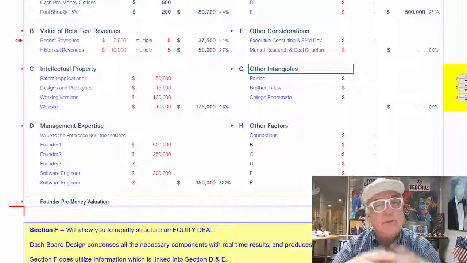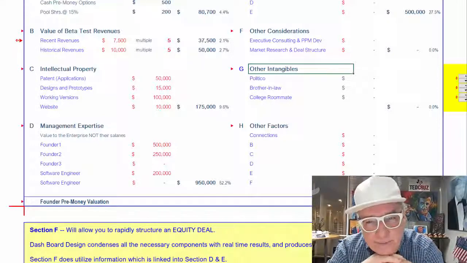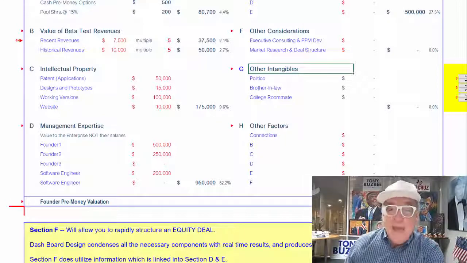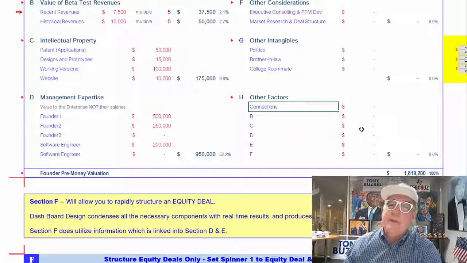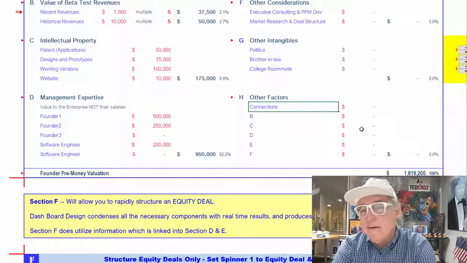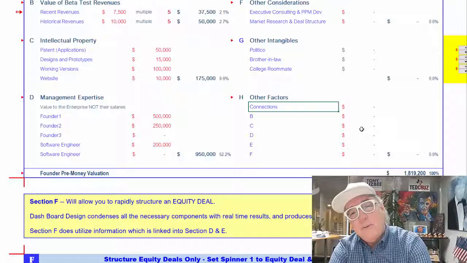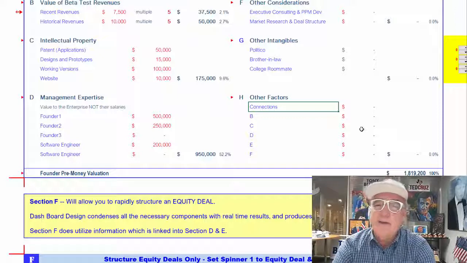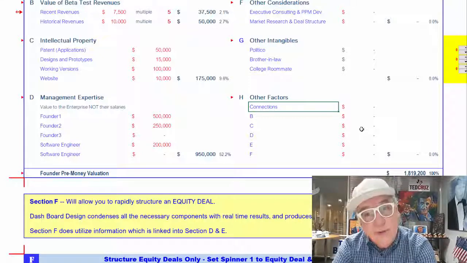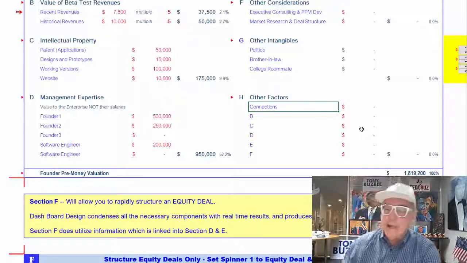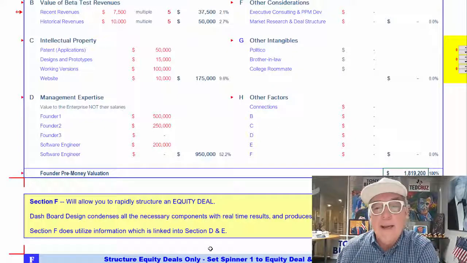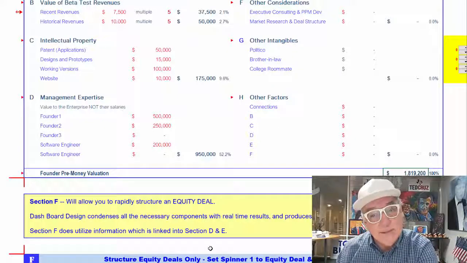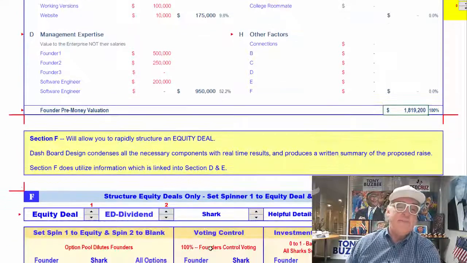That could get you in the door, could get some preferential treatment. Yep. Put that in there. Other factors, I just call them connections. You might be the queen bee or the guy with 10,000 people on LinkedIn, and boy, are you kicking up a storm. That's worth something. Put it in there. So in this particular case, we've got about $1,819,200. That's $1.8 million for you.